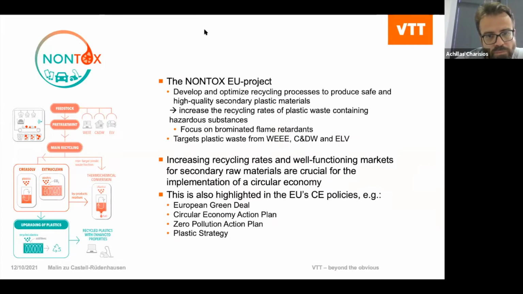We do this by developing and optimizing recycling processes to produce safe and high quality secondary plastic materials. The NonTox project targets plastic waste coming from waste electronic and electrical equipment, construction demolition waste, and end-of-life vehicles.